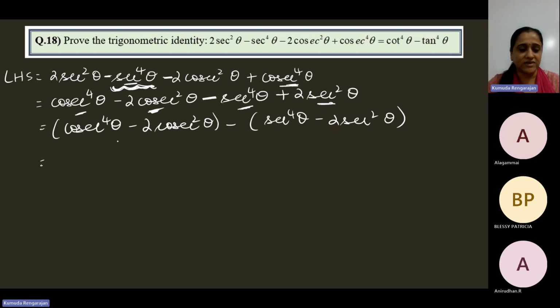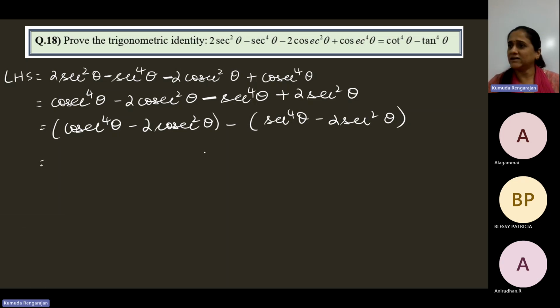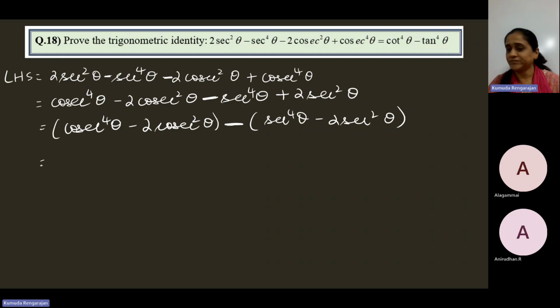So what we do in the next step, we use a bracket. Here, just collect the terms in a bracket. For the first 2 terms, when we use a bracket, it's okay. But for the 3rd term and the 4th term, when you put a bracket, the signs will change. Write the first term, second term. Now, before the 3rd term, there's a minus sign. Before the 3rd term, whatever sign that is, that's what you should write down.